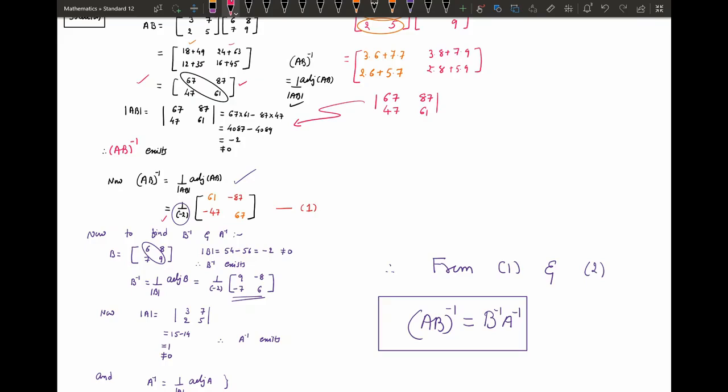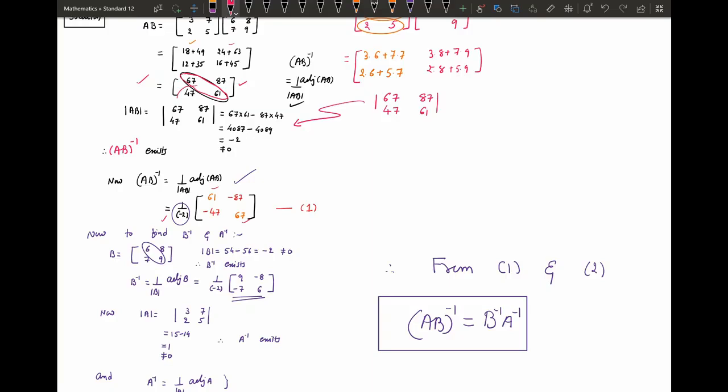To write adjoint AB for a 2 by 2 matrix AB, it is very easy. Interchange the entries which lie in the principal diagonal, so 61, 67.